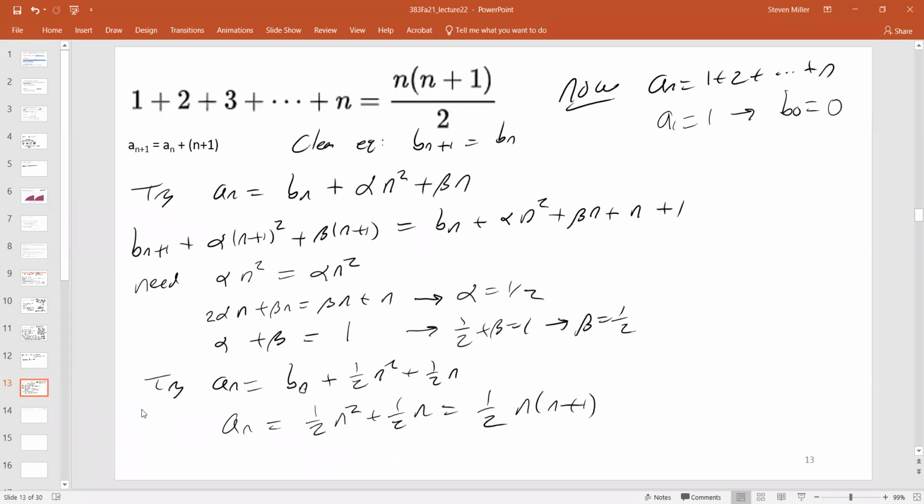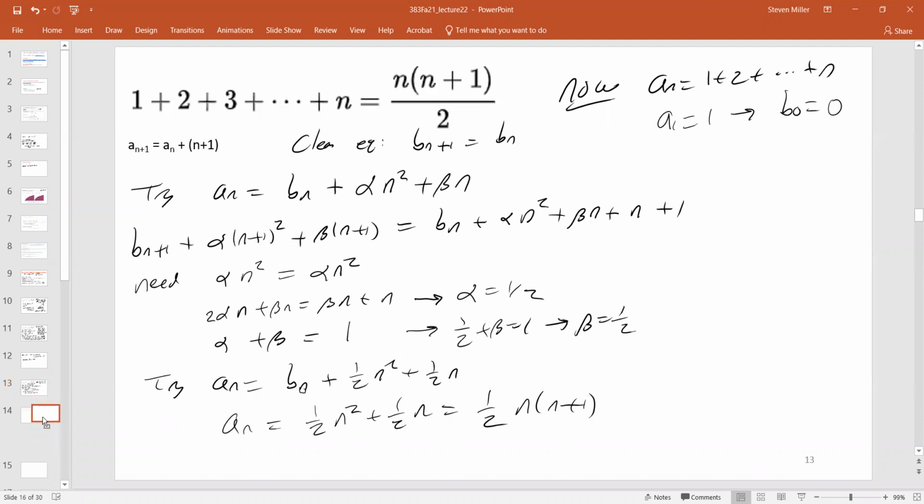Do you think you can use this to get a formula for the sum of squares? Yeah, sum of cubes. Yeah. So here's my question to you. Can you use this to prove that the sum of squares, cubes, and whatever has to be a polynomial of degree 1 higher than whatever power you have, with leading coefficient 1 over the degree?